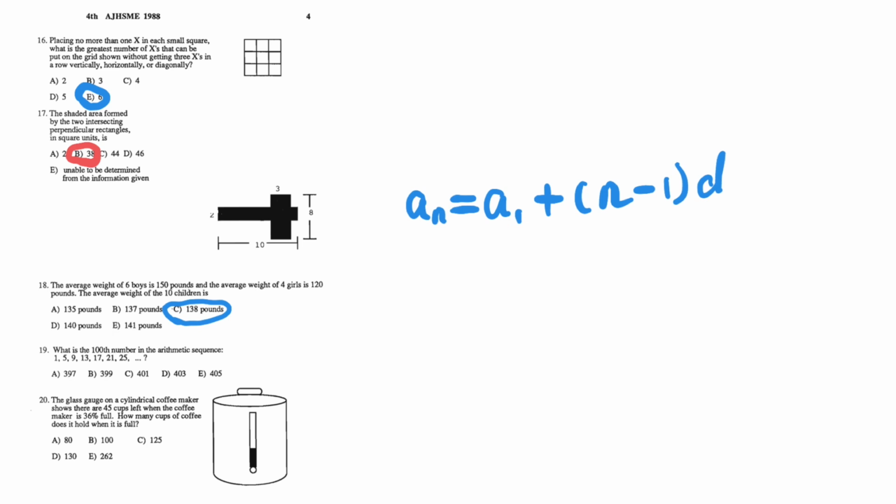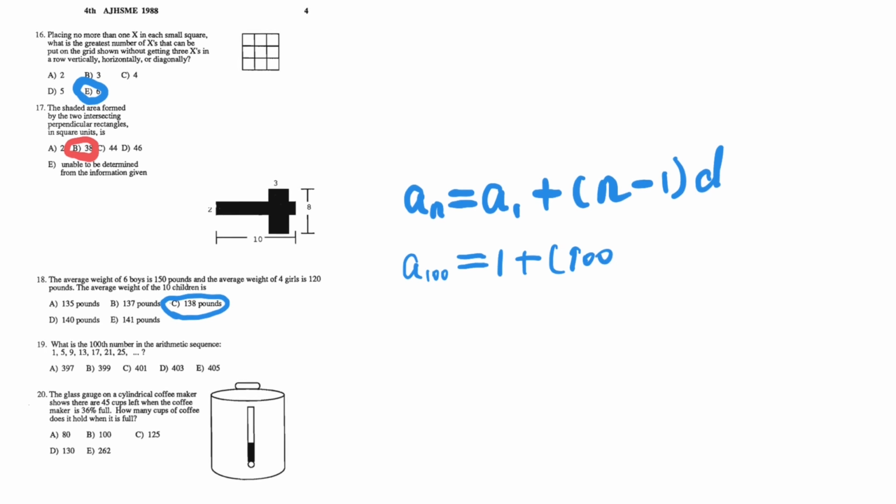This problem asks for the 100th term. The first term is 1, and n is 100, minus 1, times the common difference.